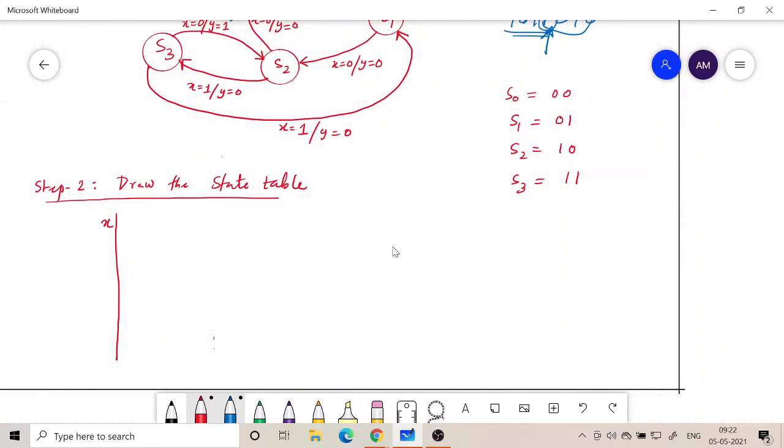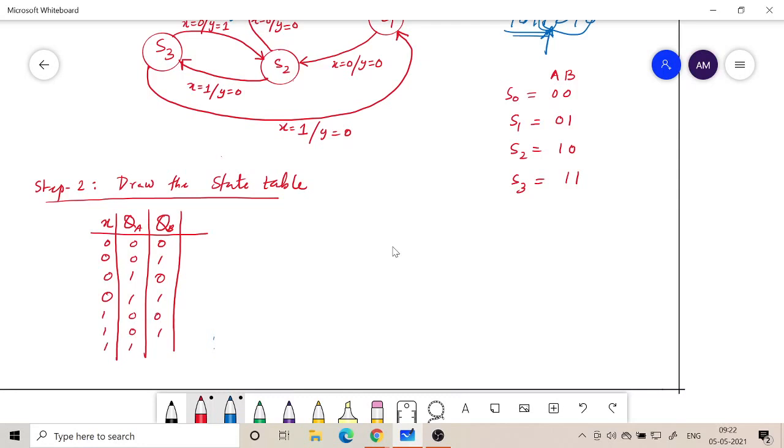So maybe I can call this as A and this as B. So QA is the state of flip-flop A, and QB is the state of flip-flop B. Okay, so I can have 8 different combinations: 0 0 0, 0 0 1, 0 1 0, 0 1 1, 1 0 0, 1 0 1, 1 1 0, 1 1 1.